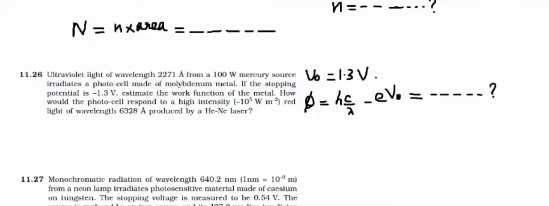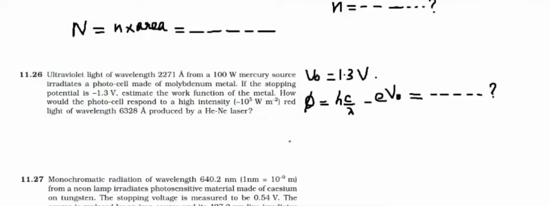Now the second part of the question: how does the photocell respond to a high intensity red light of wavelength 6328 angstrom? Here you have the value of phi. Now you have to find out whether you will get photoemission or not.